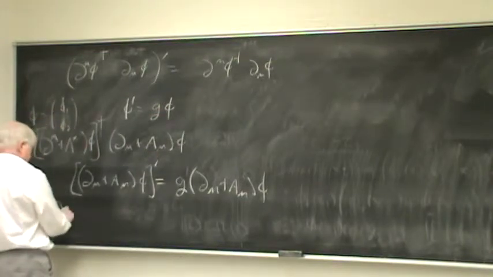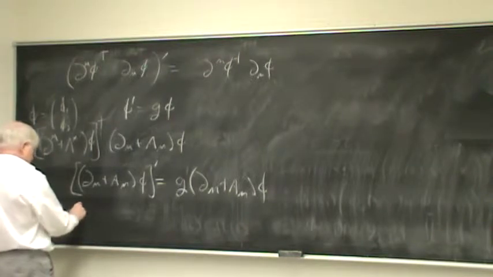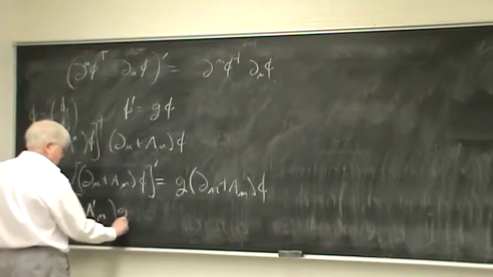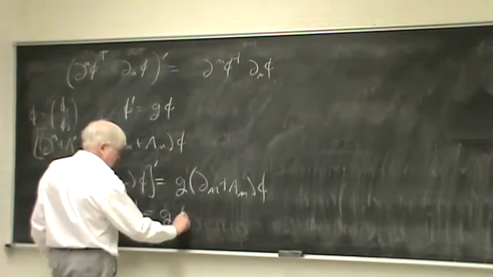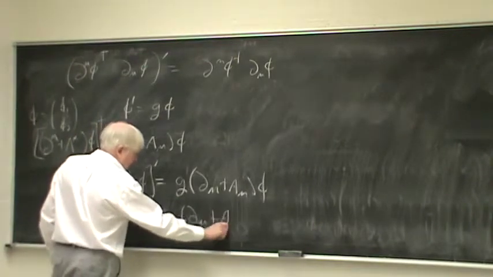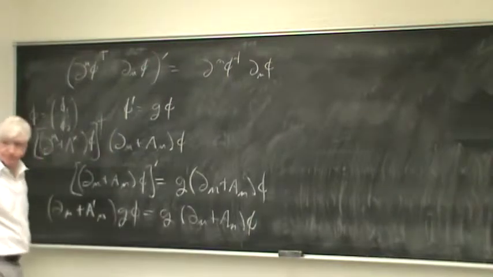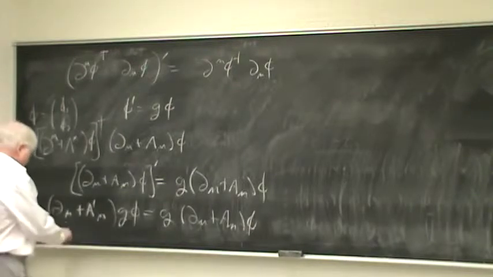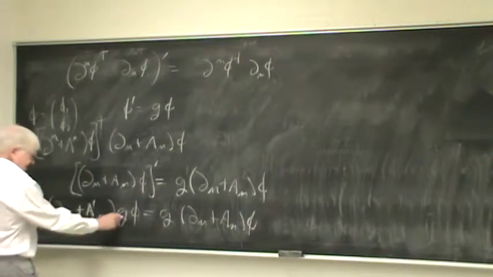So all we've got here is to figure out what A prime is, because this is D mu plus A prime mu acting on g phi, that's what the prime means, and we want that to be g times D mu plus A. A mu here is going to be a matrix. And so one term is, if we write this out, let's do the d mu part.